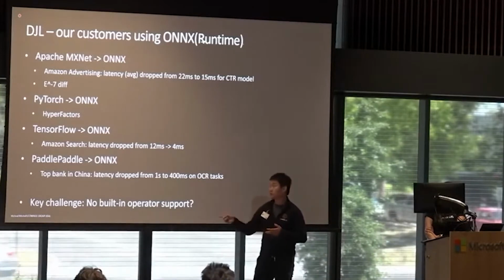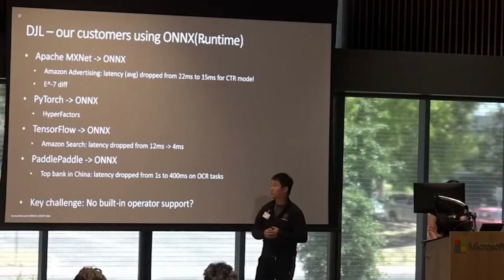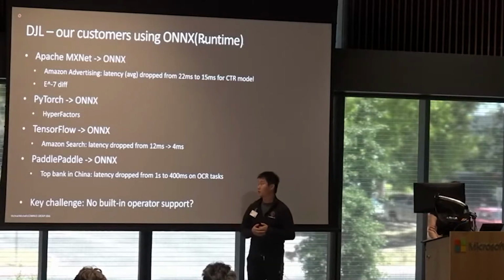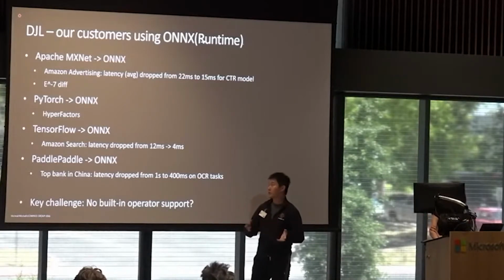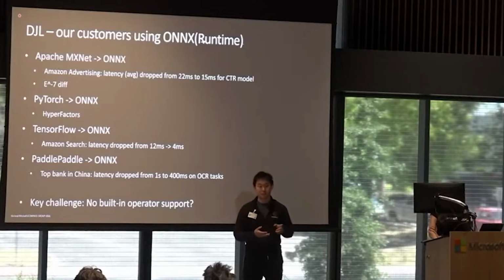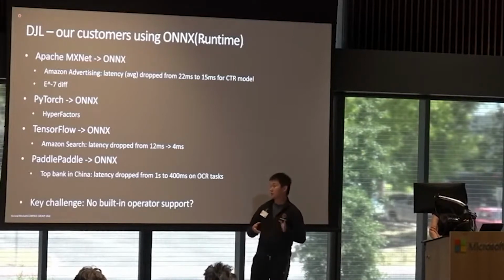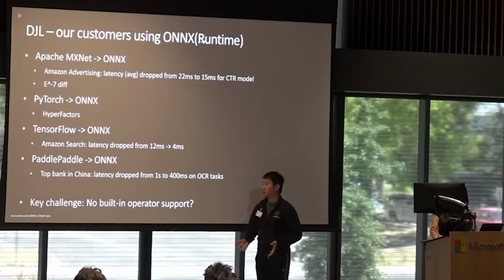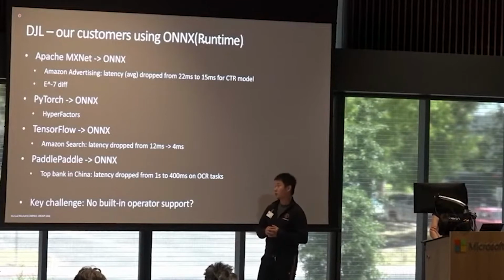And we observed less than e⁻⁷ difference on the floating point numbers. Similarly, we have stories of successfully converting from PyTorch to ONNX, which is in the hyperfactor. Since the CTO is here, I will probably just let him introduce more. On the other side, we also have a successful TensorFlow to ONNX conversion by using DJL libraries.